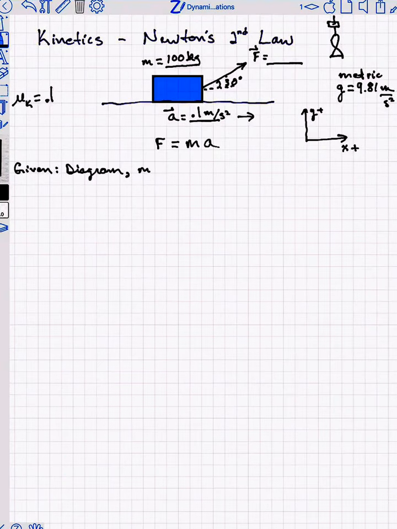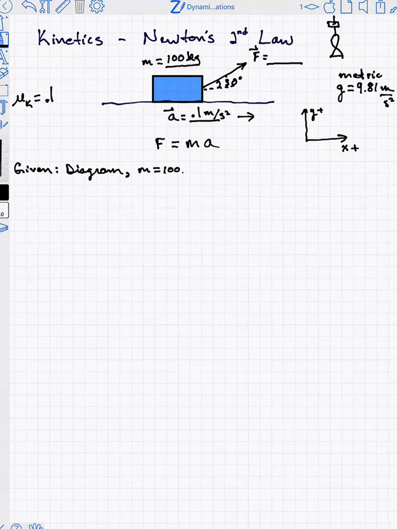Again, this should all be review from physics. So we're given the diagram. We're given that the mass is 100 kilograms, that the coefficient of kinetic friction is 0.1.